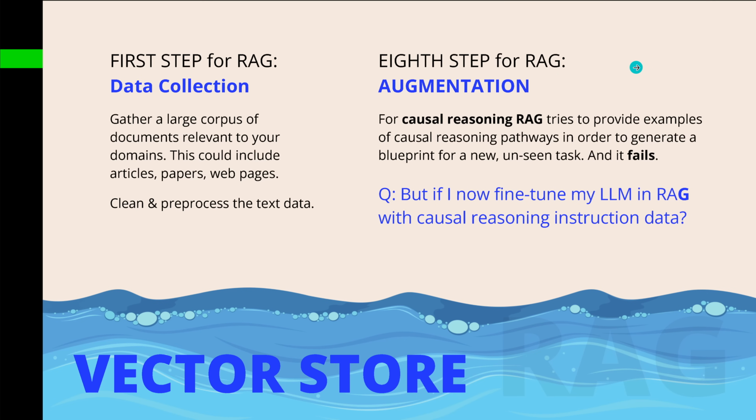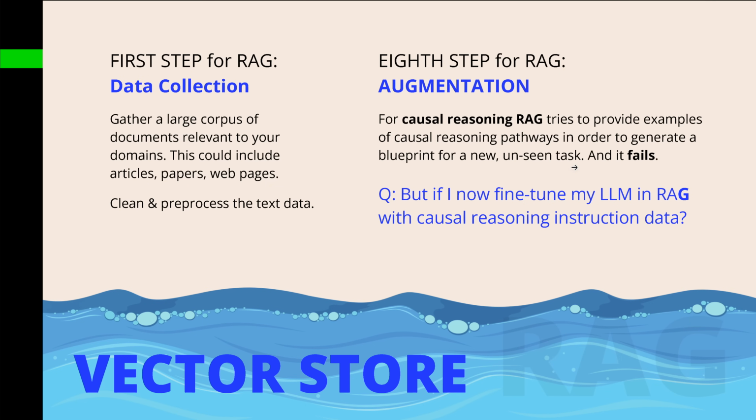And you might also ask, hey, wait a minute. Now let's look at a very specific case where we use RAG for causal reasoning and decision making. If your task is that the LLM should actively decide something, you need causal reasoning. And if you have now your causal reasoning RAG, it tries to provide examples of causal reasoning pathways of solutions that are in the vector store in order to generate a blueprint for a new unseen task.